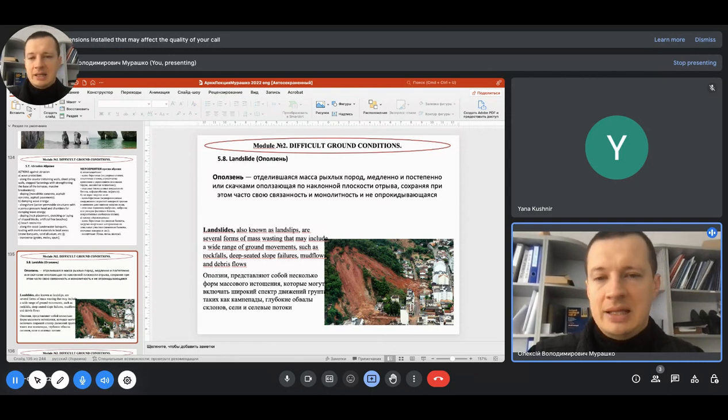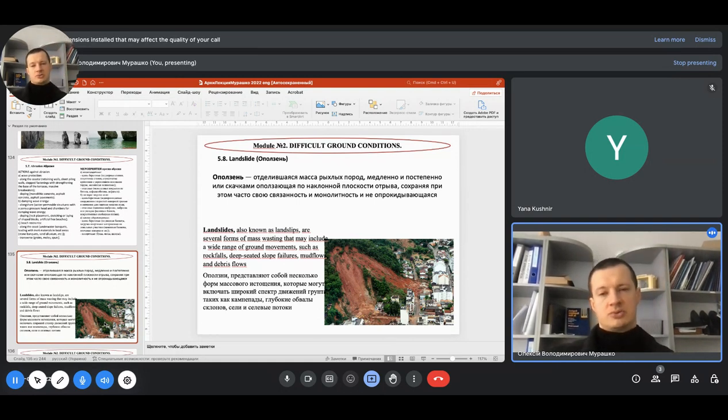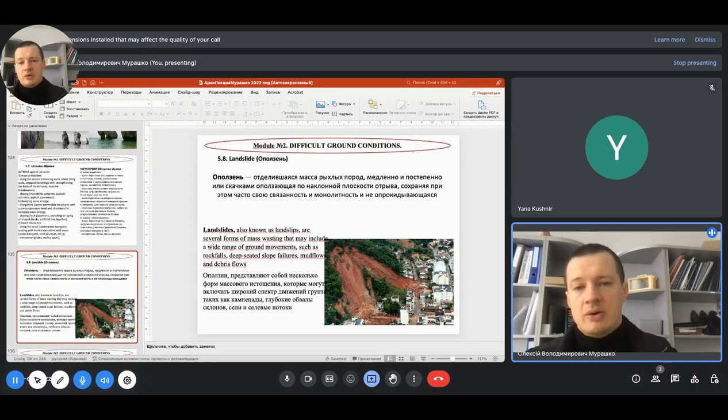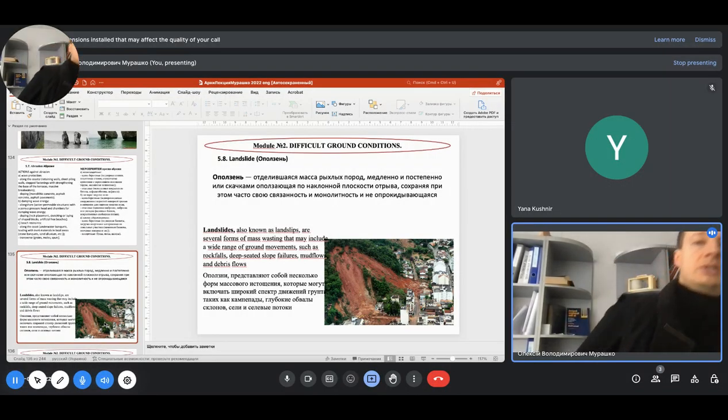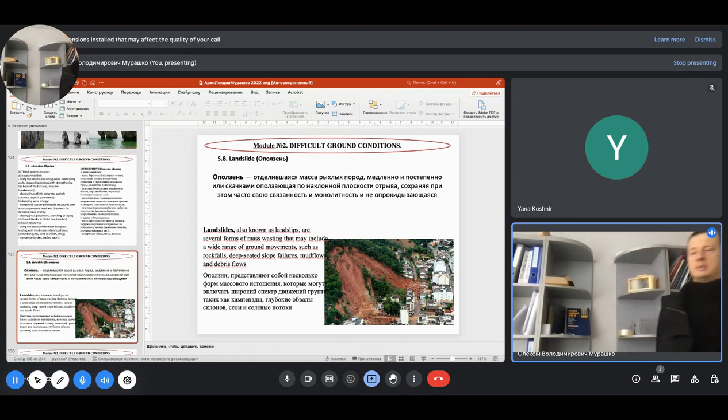So what is a landslide? It can also be called a landslip in some foreign literature sources. It is several forms of mass wasting that may include a wide range of ground movements such as rockfalls, deep-seated slope failures, mud flows, and also debris flows.